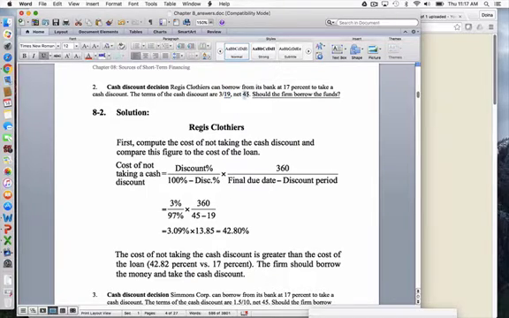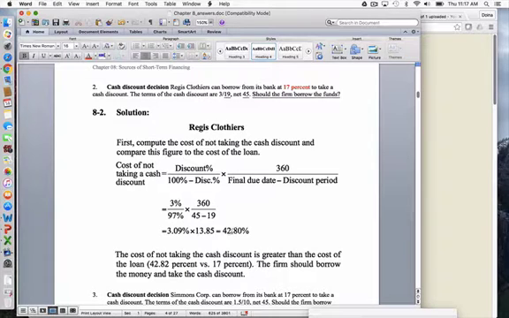You plug in the numbers and do this ratio first: 3 divided by 97 is 0.0309, which is 3.09%, times 360 divided by 45 minus 19, which comes out to be 13.85. So the penalty of passing the discount is very high, 42%, which is much higher than the interest rate at the bank if you borrow money from the bank.